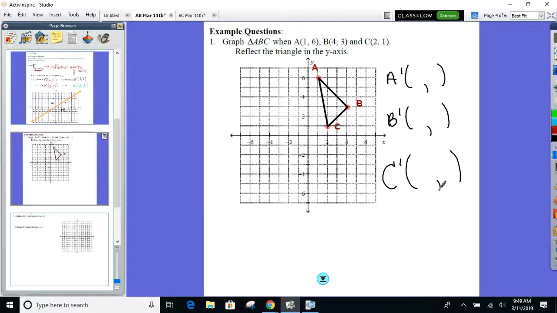Good, just making sure everyone's doing over the y, not the x. Count the distance, remember, count the distance from the y-axis and go in that opposite direction.